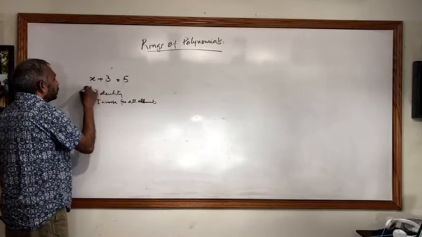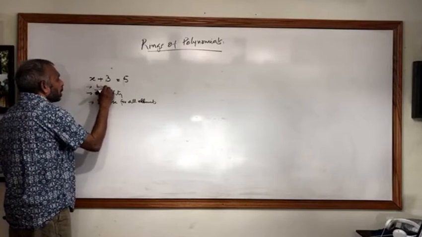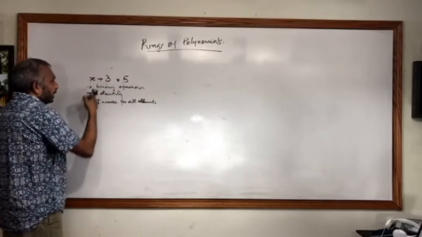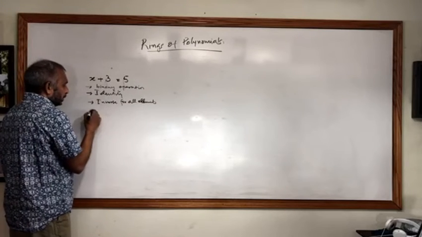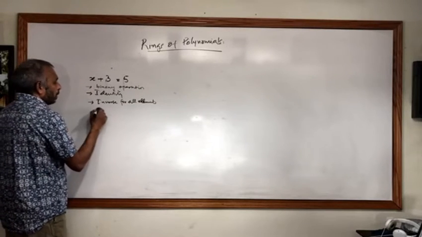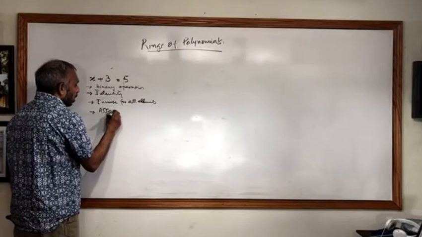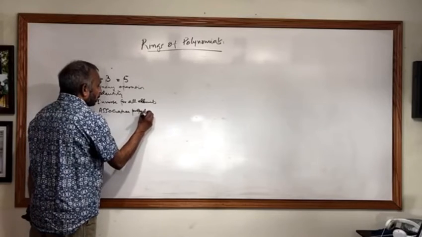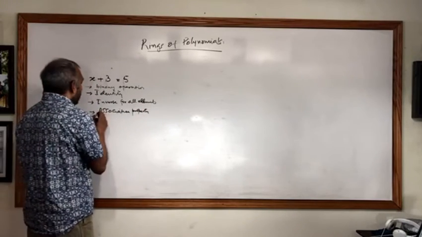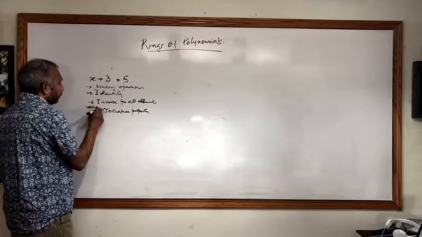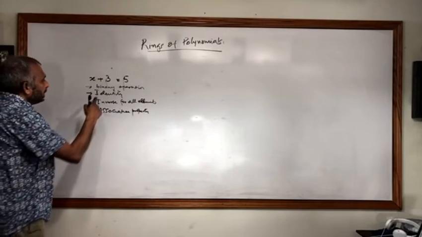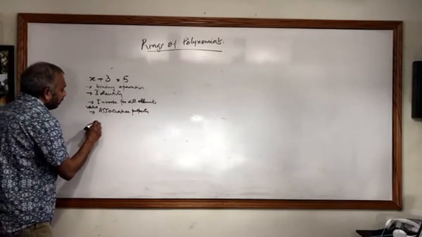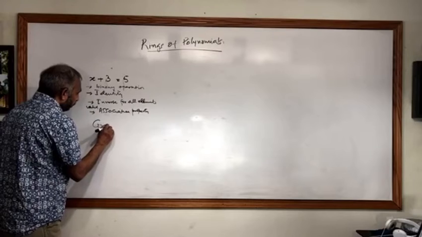Of course, we should have a binary operation, and that is why we should have identity and inverse, and we also should have a valid associative property. With these four ideas in mind, we started developing a structure called group.